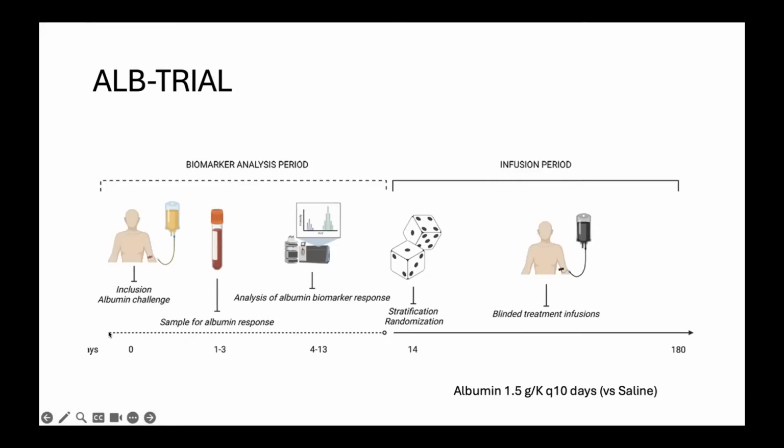So it's a really beautiful design in which they take all patients, they give an albumin challenge to all those patients, and they analyze the potential responsiveness to albumin with a signature that they have developed based on biomarkers. And then they randomize patients to albumin or placebo in a blinded fashion, stratifying by these biomarkers of potential response, whether they are likely to be responders or not.